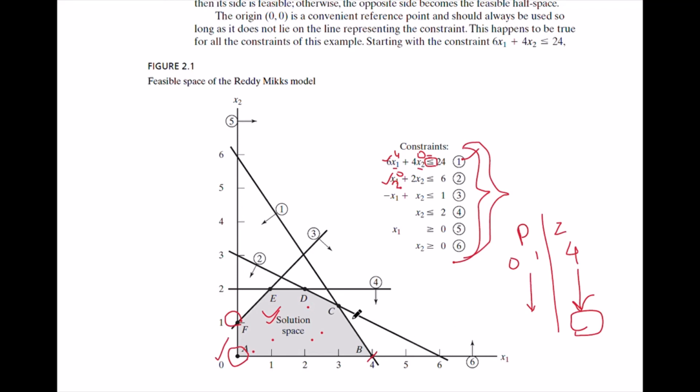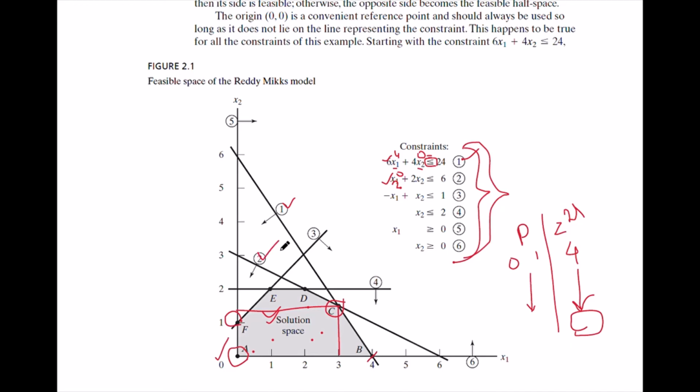After solving this, we will get that point C is the optimal answer with z value equal to 21. Now from the graph we can see the x coordinate is 3, but what is the y coordinate? It is between 1 and 2, and we are not sure how much it is. So how to find out, not only for the optimal solution but for any corner point? C is the intersection of equation 1 and equation 2.